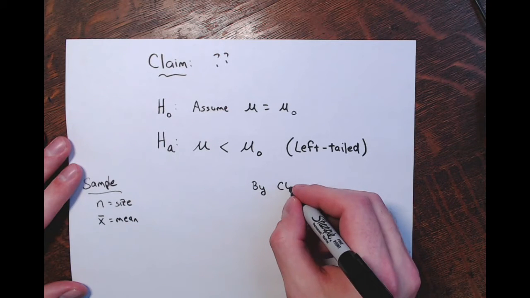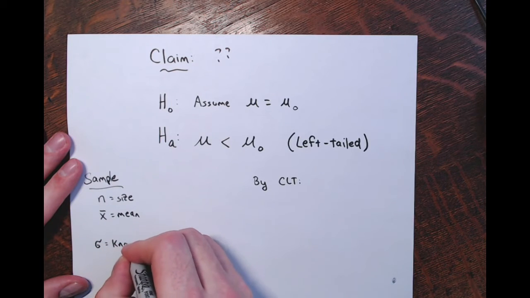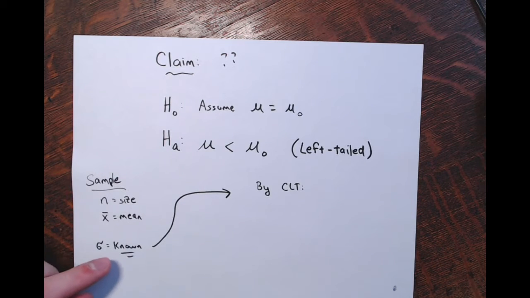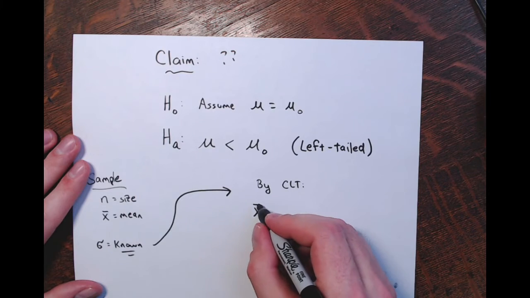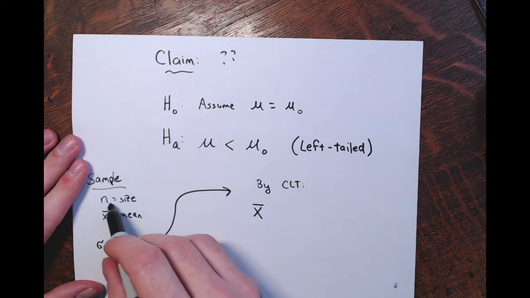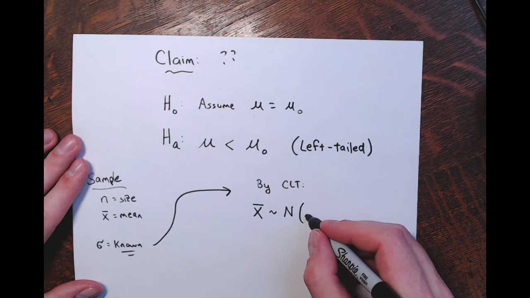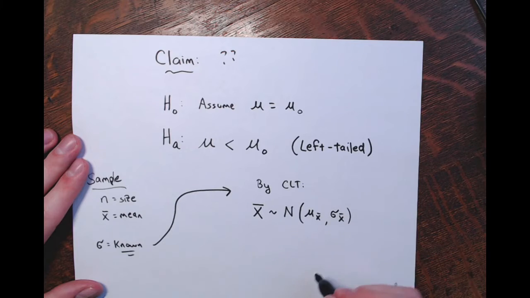Remember, by the central limit theorem, if sigma, the population standard deviation, is a known value, the distribution of sample means for samples of size n would be approximately normal, with a mean of mu sub x bar and a standard deviation of sigma sub x bar.